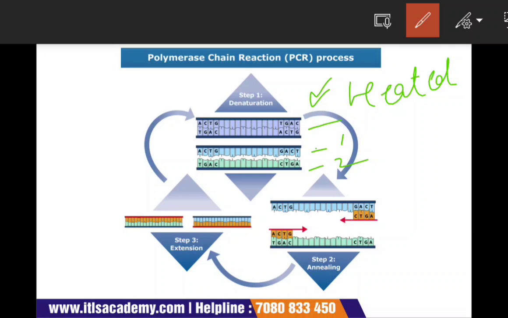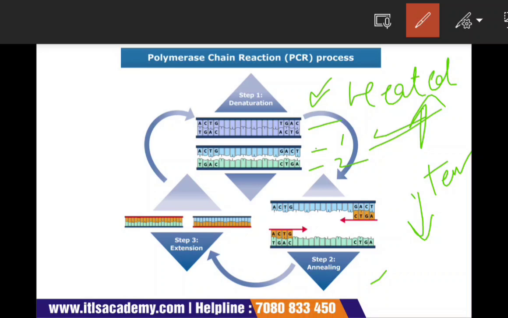Now the second step is annealing. In this step, the temperature is lowered. Here the heat was provided, so the temperature was high, but here it lowers the temperature. And after the temperature gets lower, it enables the DNA primers to attach to the template DNA.